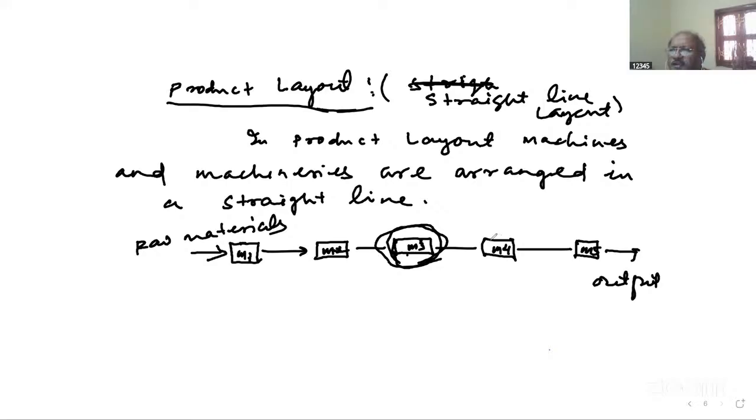So in case of your product layout, another advantage is the entire process is in a straight line. Machines and machineries are arranged in a straight line, right? Which may occupy lesser space. Am I right or not?